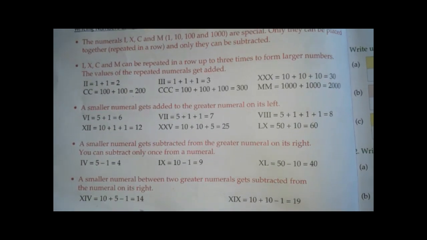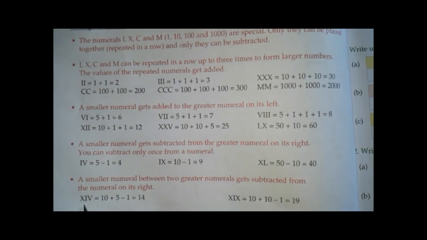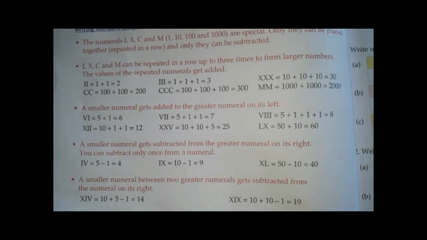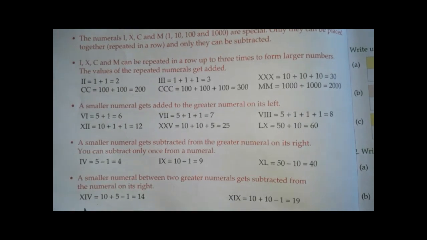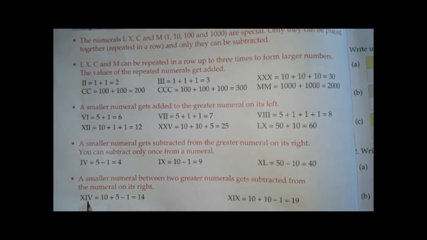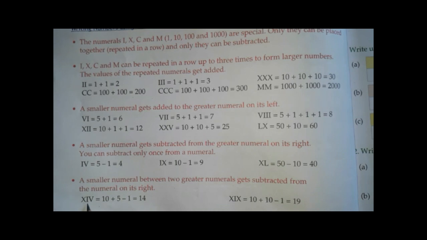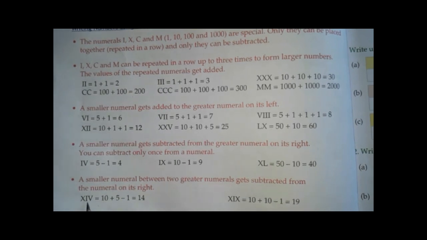The next rule is that a smaller numeral between two greater numerals gets subtracted from the numeral on its right. If a smaller numeral is written in between any two greater numerals, it will get subtracted from the greater numeral which is on its right. That means X and V, between them I is written. I is smaller than the two, so I will get subtracted from the numeral which is to its right.